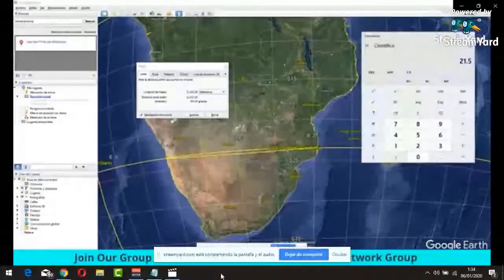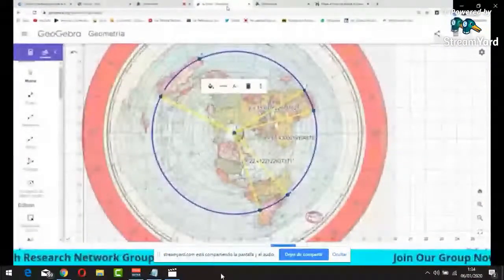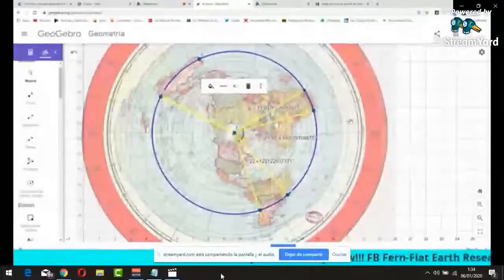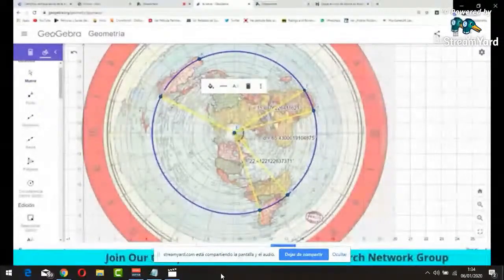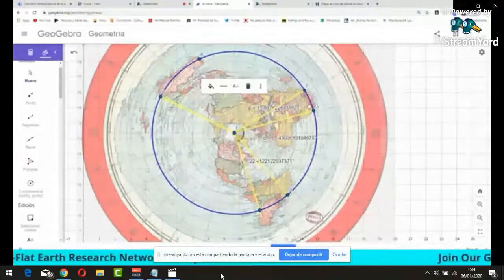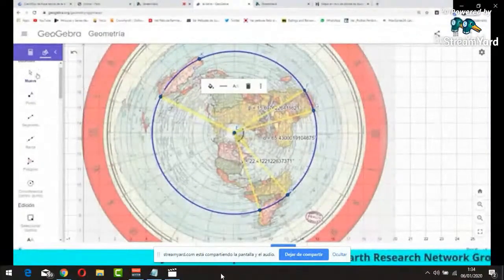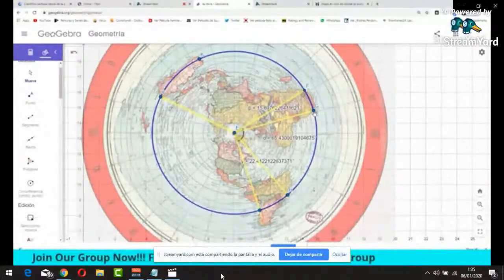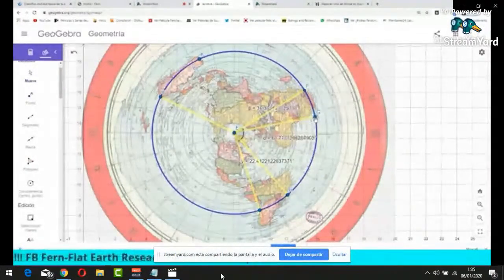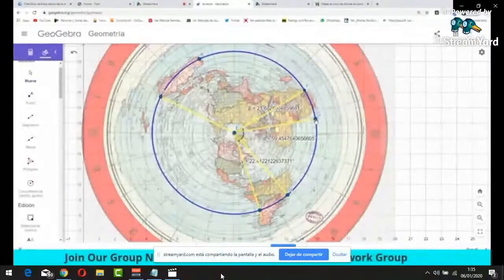Let's go to the Gleason map for now, because this map is not so perfect. The Gleason map says that Africa is around 15 degrees, so it's wrong. Africa probably is around 21.5 degrees, because this is what the sun says.